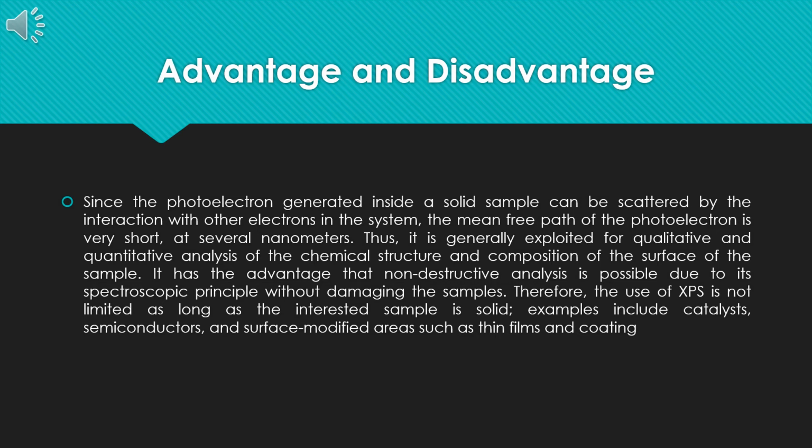Thus, it is generally exploited for qualitative and quantitative analysis of the chemical structure and composition of the surface of the sample. It has the advantage that non-destructive analysis is possible due to its spectroscopic principle, without damaging the sample. Therefore, the use of XPS is not limited as long as the sample of interest is solid. Examples include catalysts, semiconductors, and surface-modified areas such as thin films and coatings.